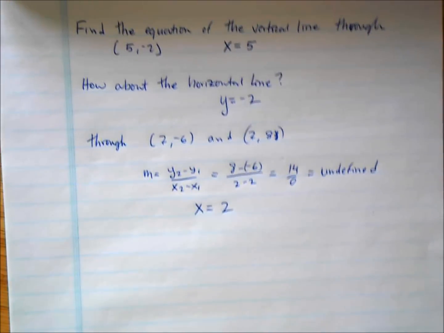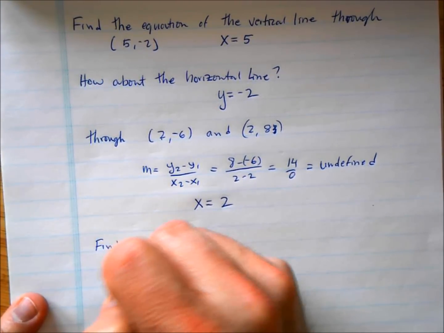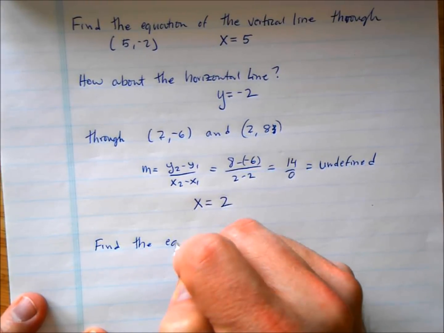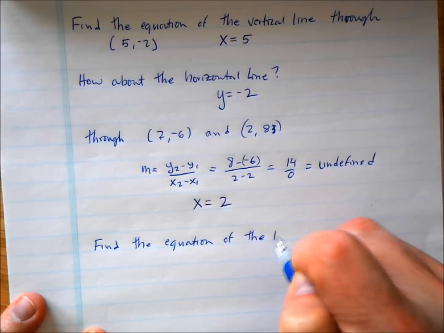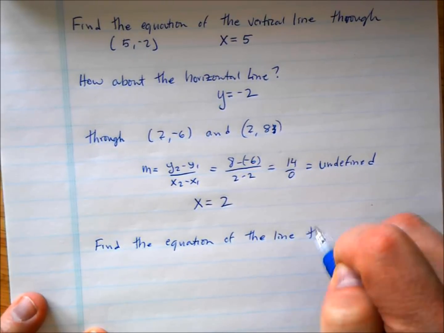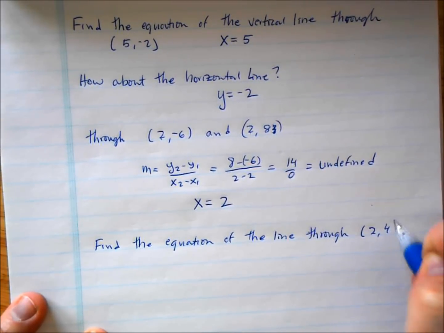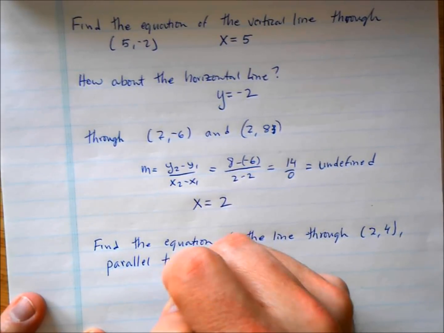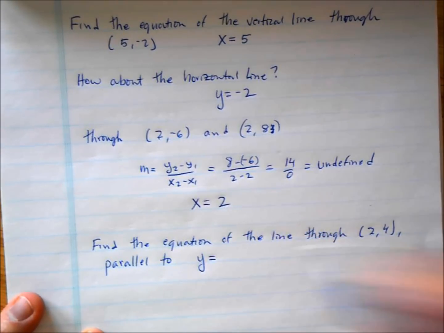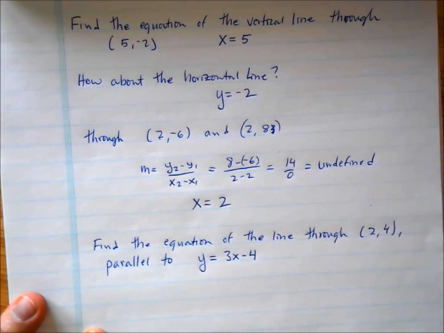Okay, the next kind of thing you might see is, find the equation of the line through a point such as (2, 4), parallel to y equals 3x minus 4.